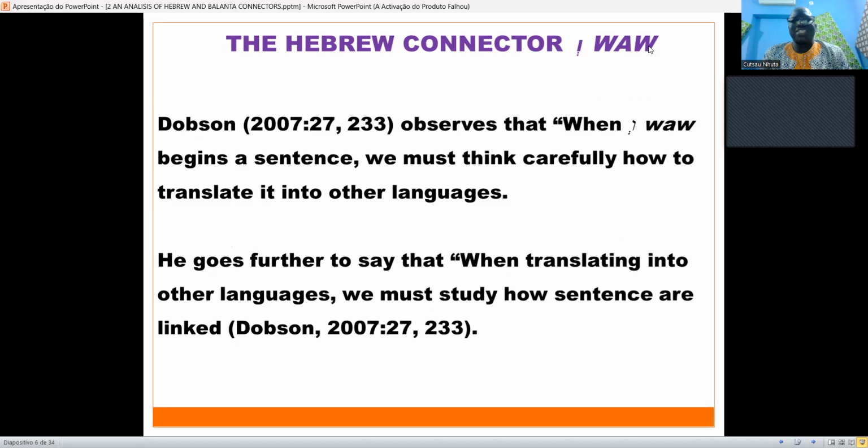The Hebrew connector verb is very important. Adoptions observed that when a verb begins a sentence, we must think carefully how to translate it into other languages. He goes further to say that when translating into other languages, we must study how sentences are linked.